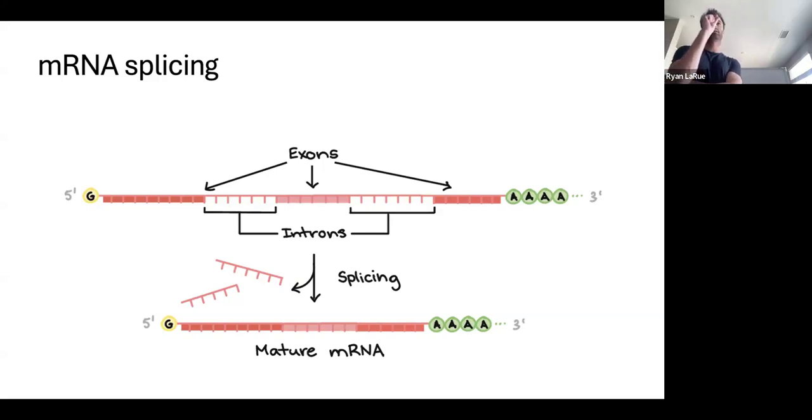If crossing over happens in a region that is an intron, you can actually do what we call exon shuffling, which means the exons of one allele can get put with the exons of another and create new protein variants. It's just another way to generate diversity and possible new protein. Anyways, that was just one evolutionary significance that I was reading about. But just knowing this is sufficient.